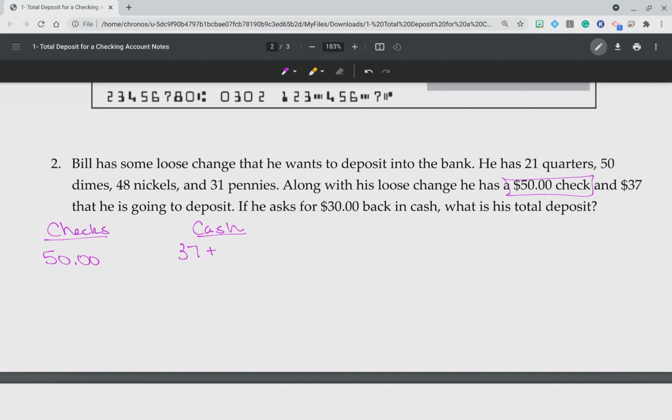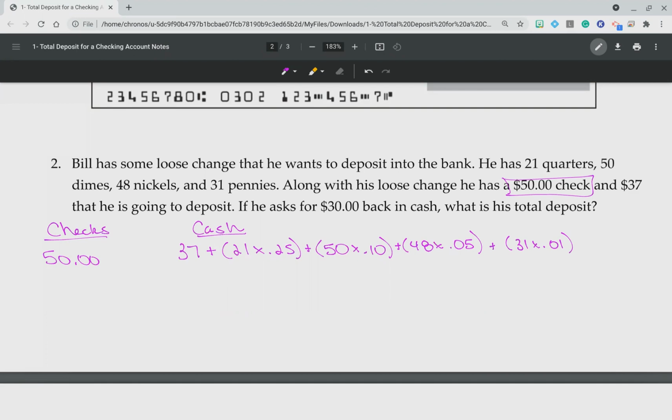Let's see, he has 21 quarters, so I'm going to take 21 and multiply it by 0.25. Plus 50 dimes, so 50 times 0.10, plus 48 nickels, so that's 48 times 5 cents, 0.05, plus 31 pennies, which is 1 cent.